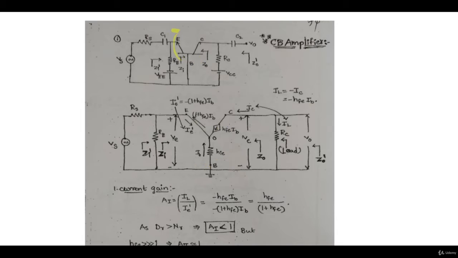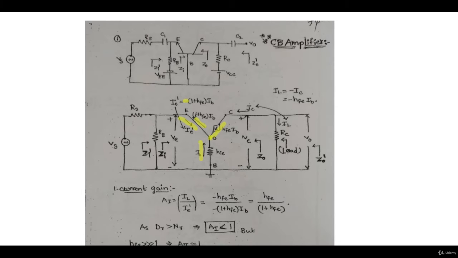First you can calculate the current gain. Current gain will be between IC and IE. Here, this current hfe·IB is coming into the node along with IB, so IE dash will be in the reverse direction, that is minus (1 plus hfe)·IB.